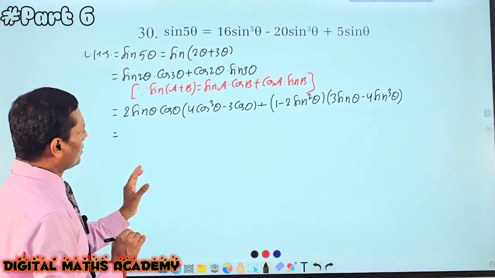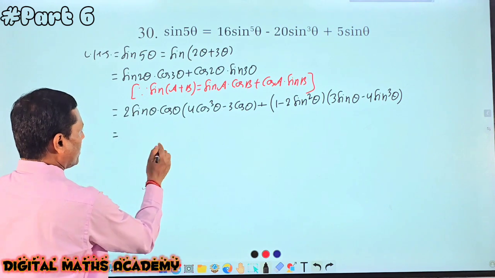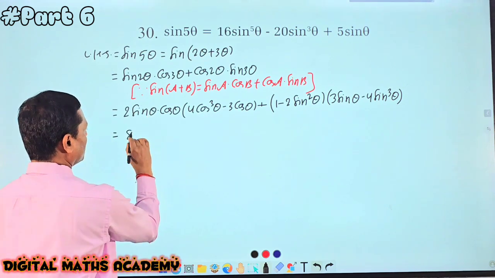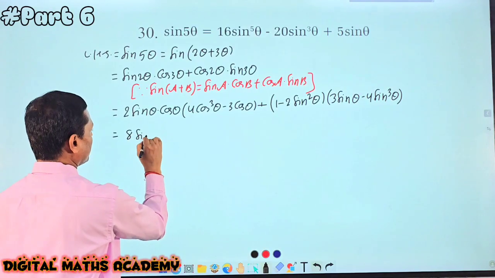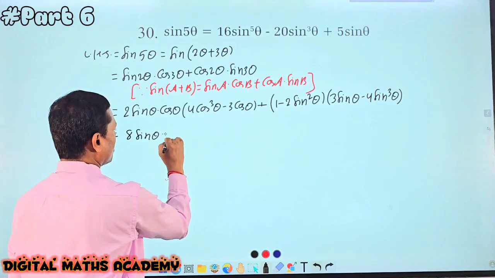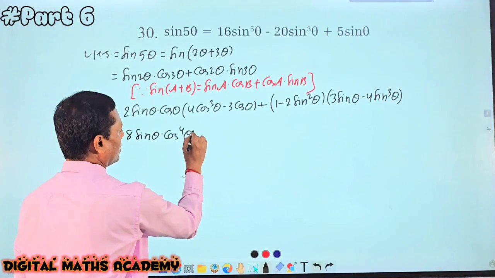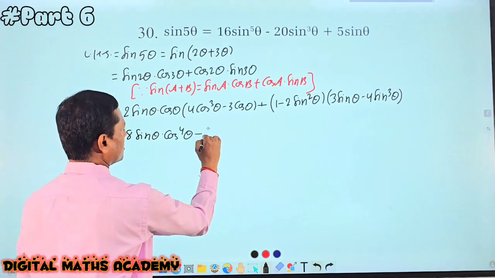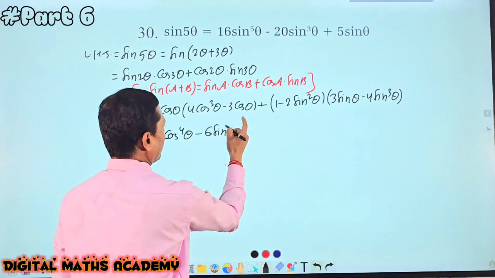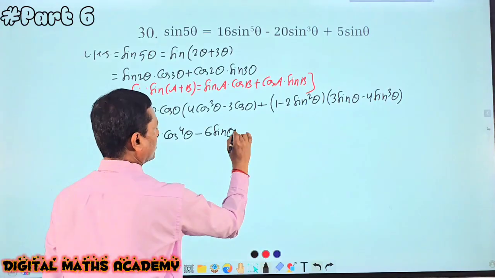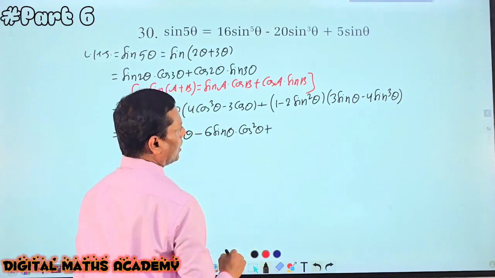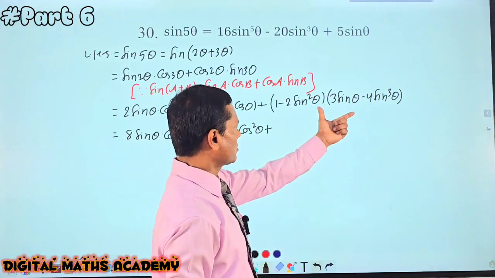Now here just multiply, so 2 times 4 is 8 sin theta, here is cos cube, so here becomes 8 sin theta and cos theta dot cos cube theta becomes cos to the power 4 theta, and minus 2 times 3 is 6, here we can write sin theta, and cos theta into cos theta becomes cos square theta. Clearly? Now multiply these two factors also.